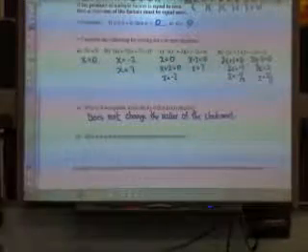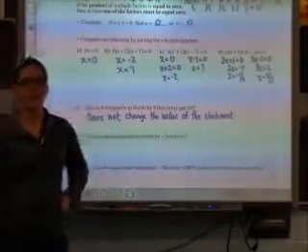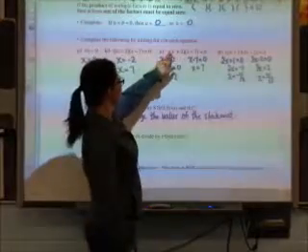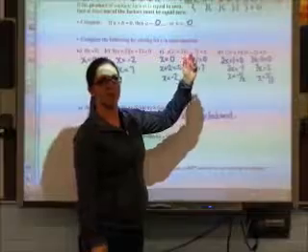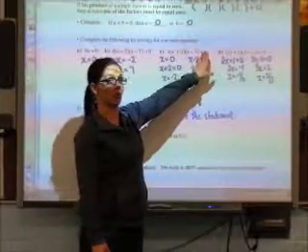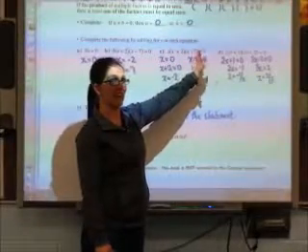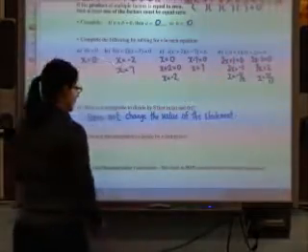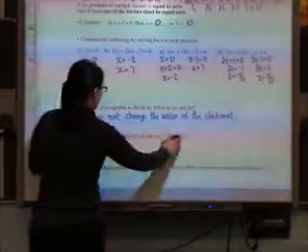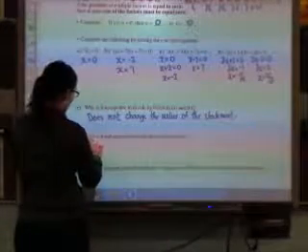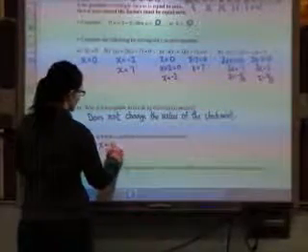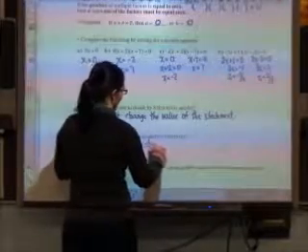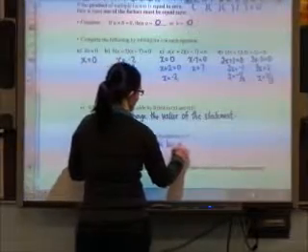Okay? The reason why I can't divide by x in part C is because I don't know what x is. What if x happened to be 0? I can't divide by 0. So I have to take that into consideration. So I can't divide by x because if x equals 0, I cannot divide by 0.